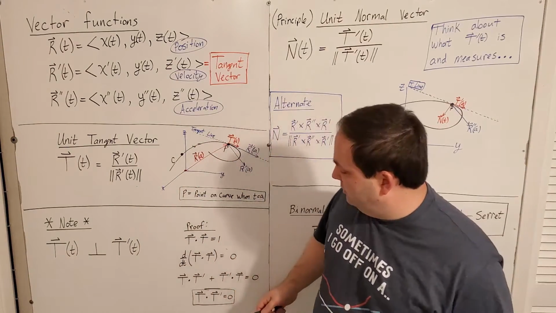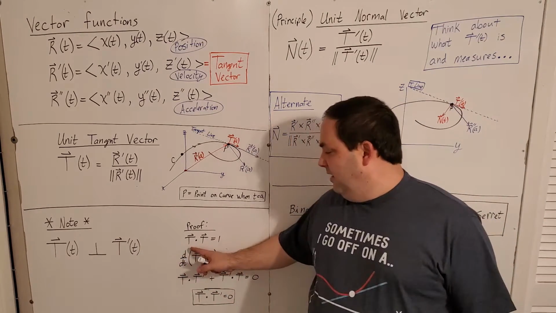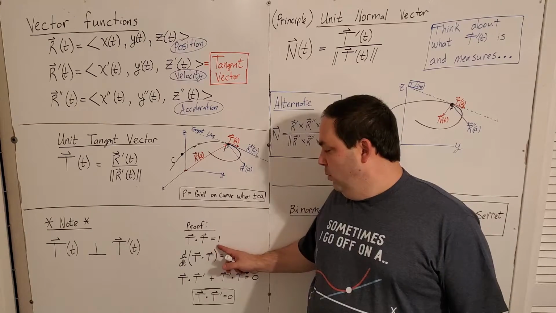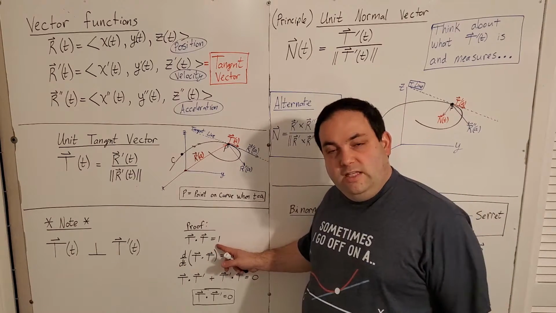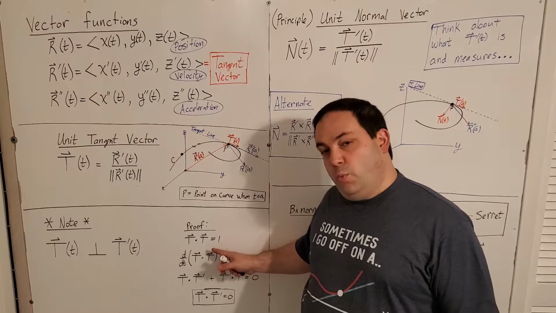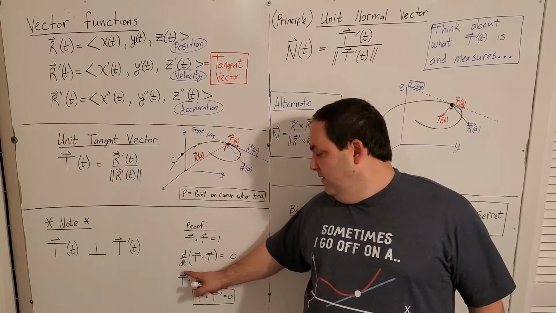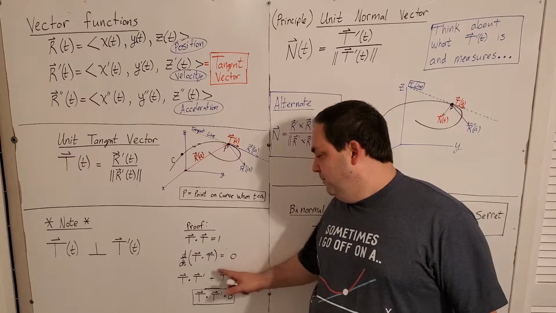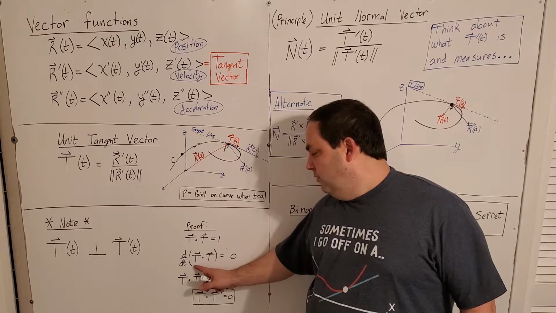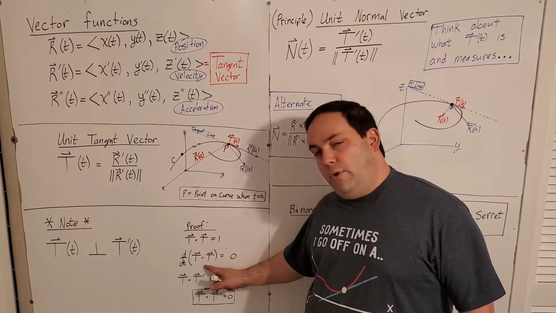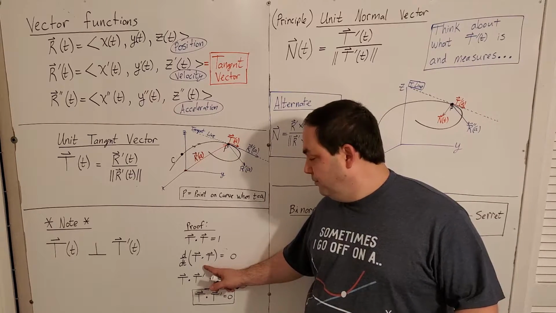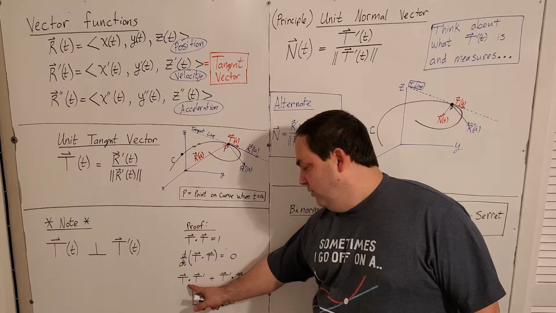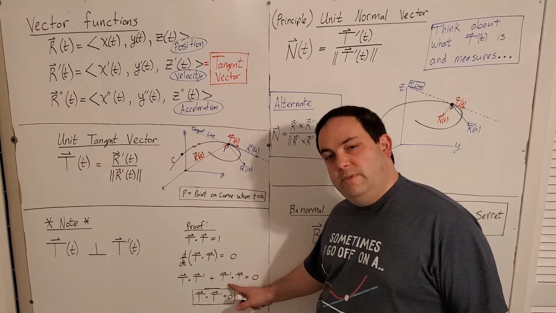Let's actually prove it also. If I dot the unit tangent vector with itself, then I get 1, which is basically the square of its length. 1 squared is 1, right? Now take a derivative of both sides of that. The derivative of 1 is 0. And the derivative of this dot product is a product rule, which I can perform the standard way: keep one, take the derivative of the other, plus the opposite.